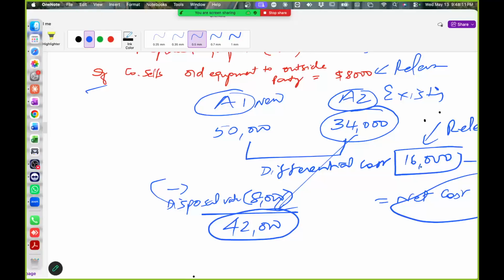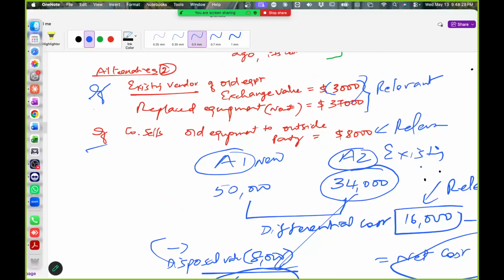And when your boss says, no, let's maintain a cordial relationship with our existing vendor, then we are going with alternative 2. And as a finance manager, you should be ready for paying 37,000 and deducting 3,000.